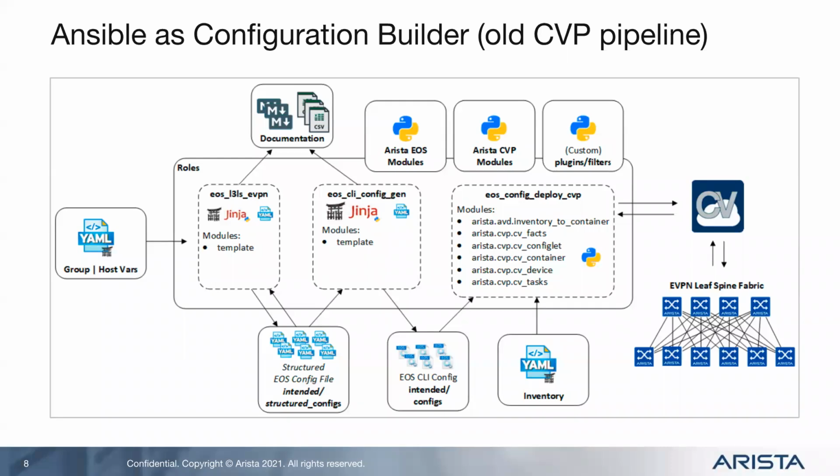You load it in. You would use this role called EOS L3LS EVPN, and it would scaffold out a series of tasks to take your data, make your config files, make your documentation, and then you'd pass those files off to an EOS CLI config gen role, which would take further action to scaffold those into your actual EOS CLI configs and then deploy them.